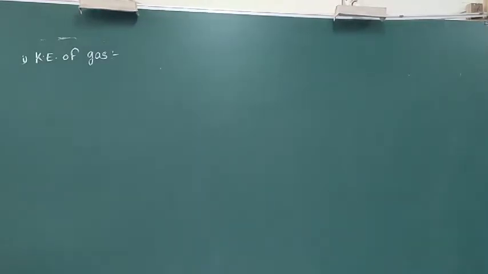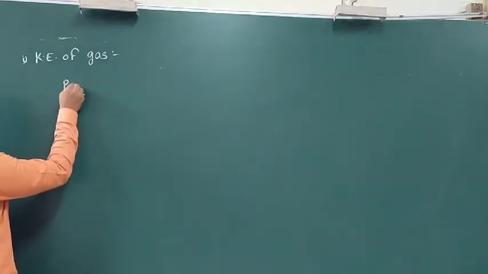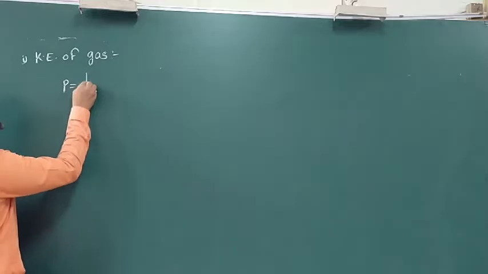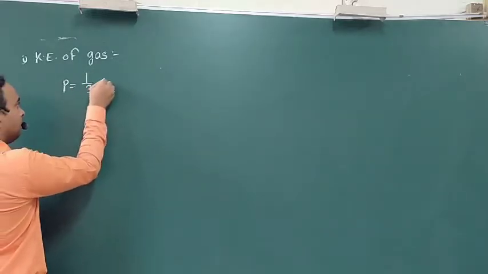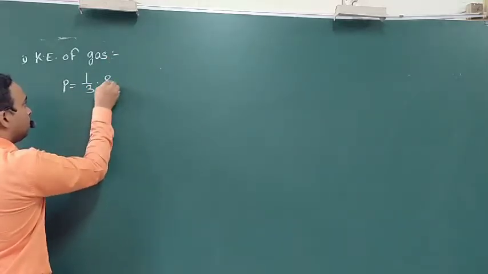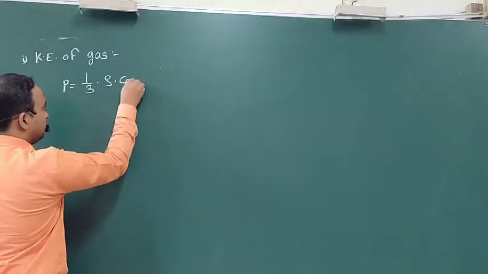Okay. Now we are finding the value of kinetic energy of gas. So we know that the formula for pressure P is equal to 1 by 3 into rho into C RMS square.